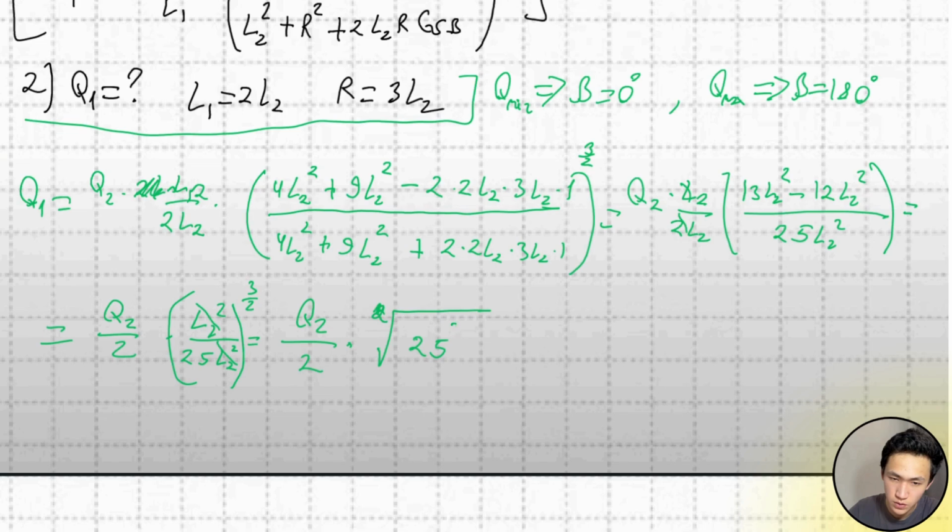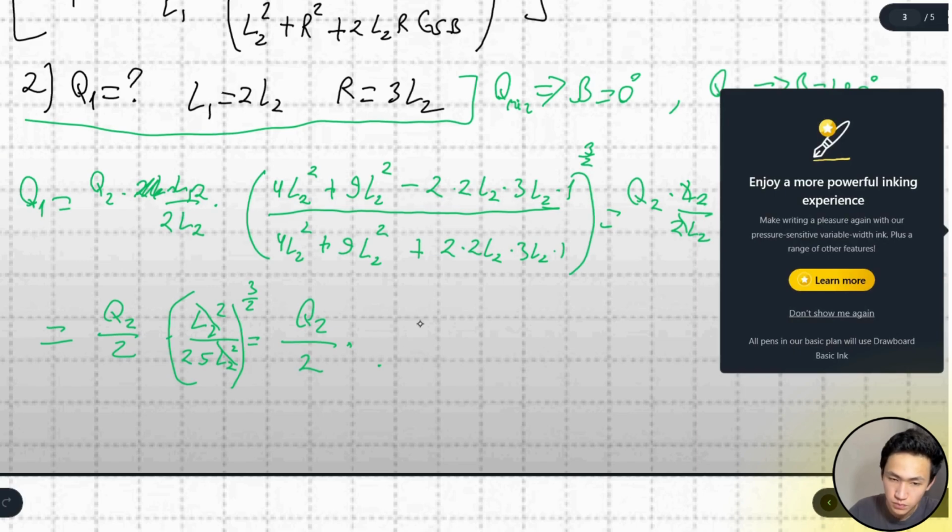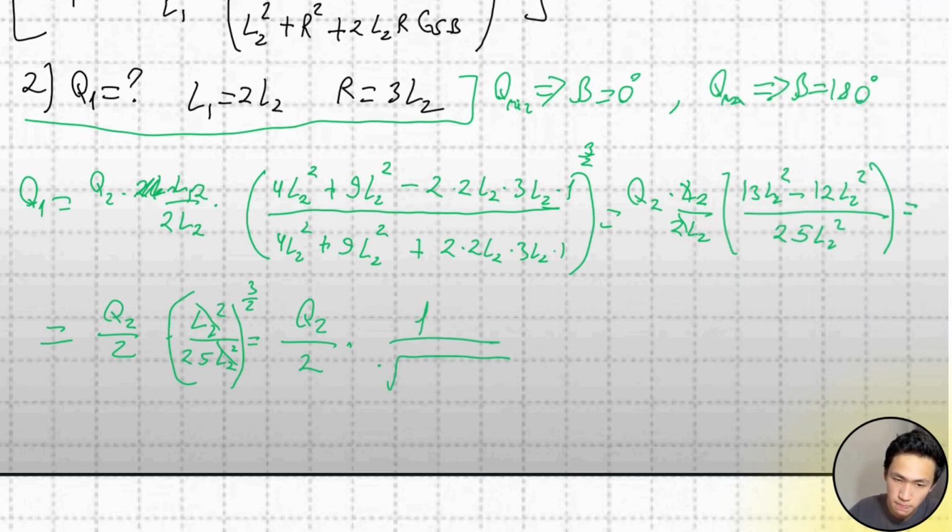25 to the power 3 over 2 gives us 5 cubed. Let me calculate this.